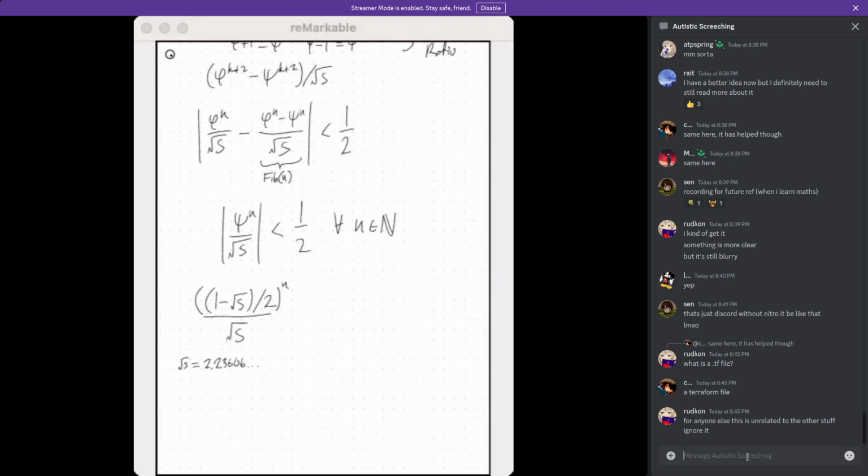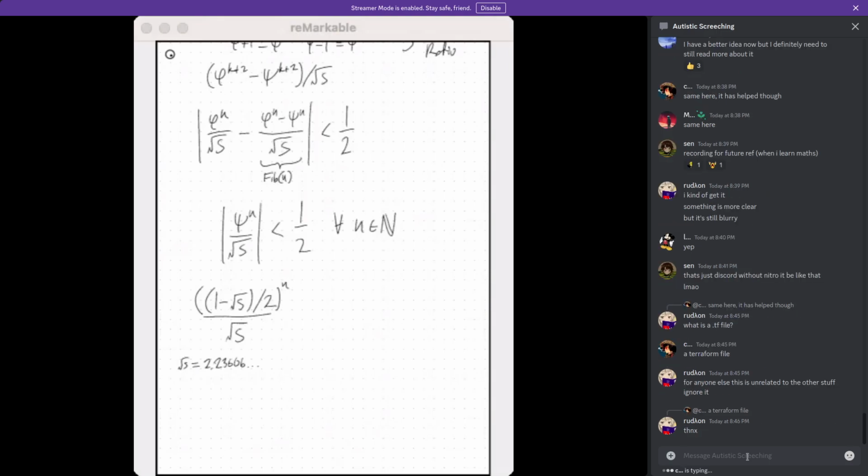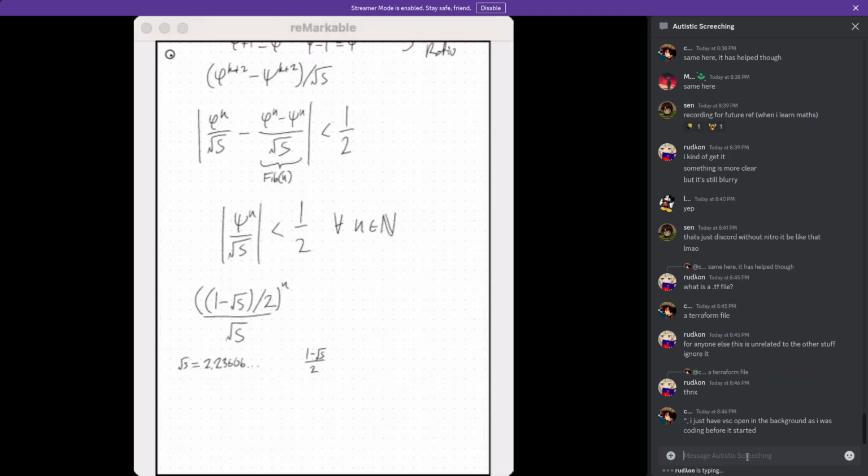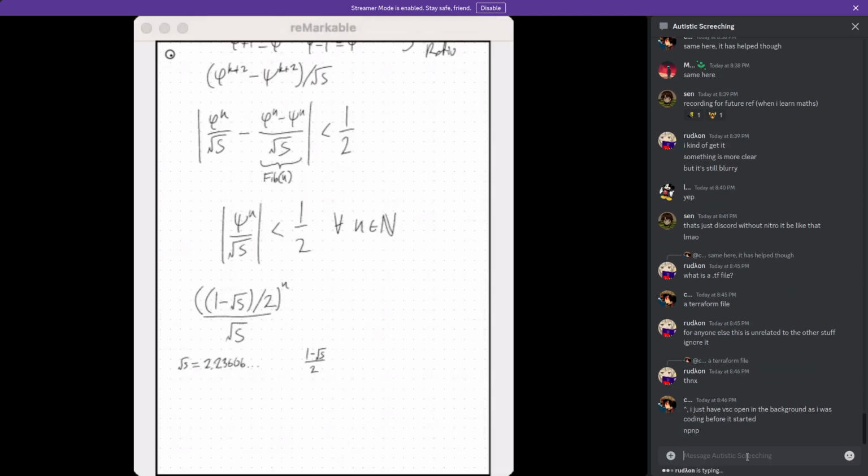Well, we know that 1 minus radical 5 over 2 is going to equal the golden ratio, right? Or no, excuse me, this is different. This is the other one. Equals negative 0.61803, etc. Right.